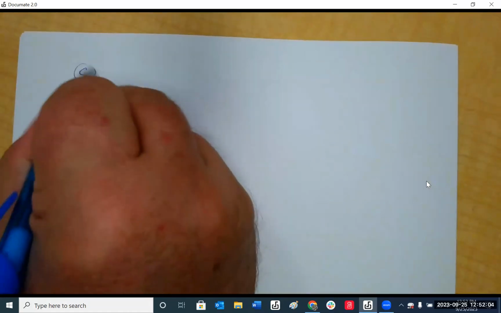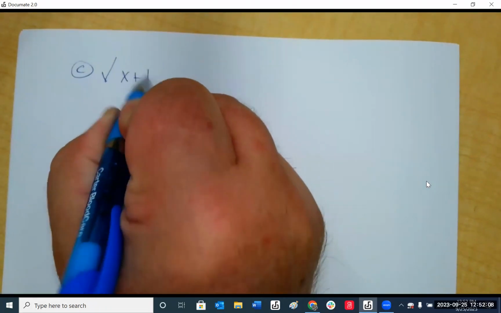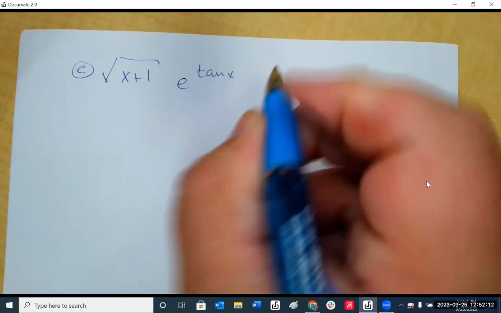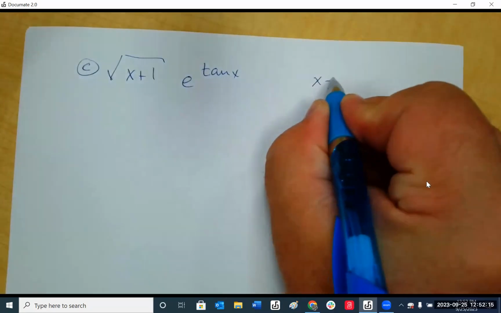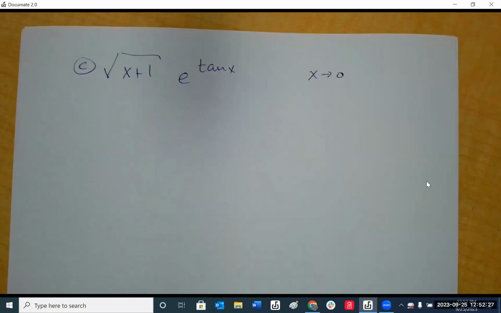So e to the power of tangent x, radical of x plus 1 times e to the tangent x. This is as x approaches 0. What do you do first?